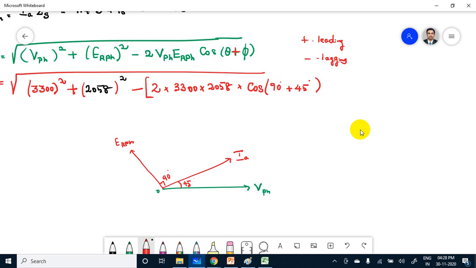Please note down: consider theta equal to 90 degrees. Theta is the angle between ER phase and IA.